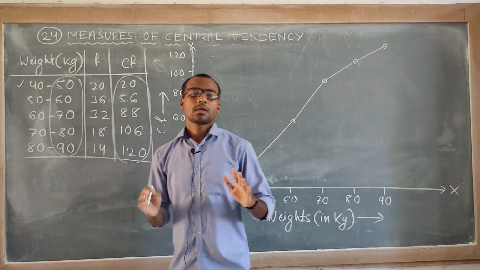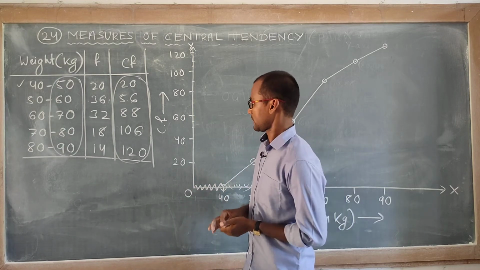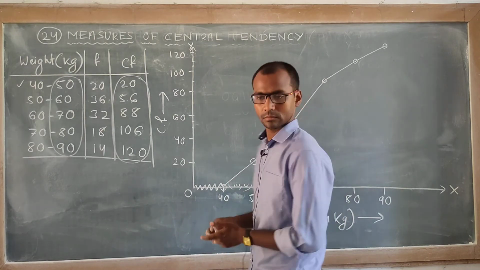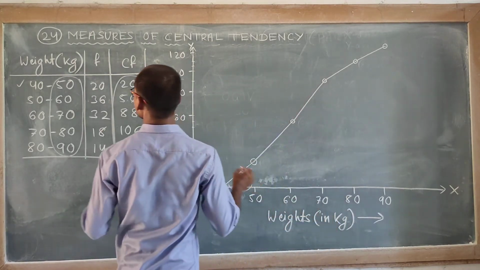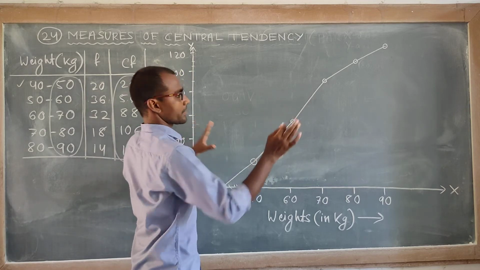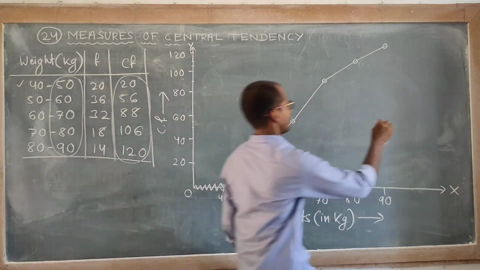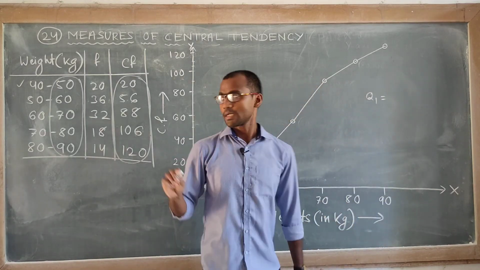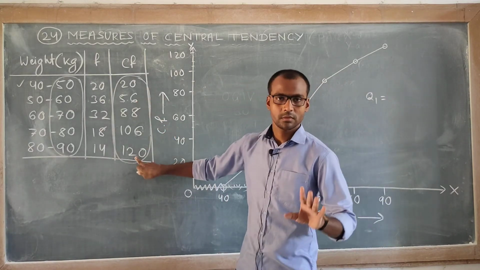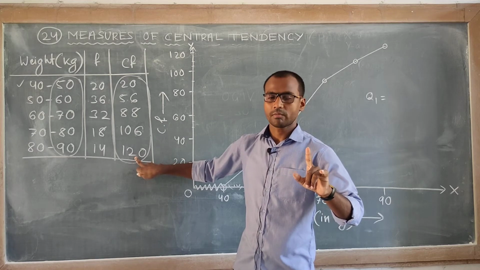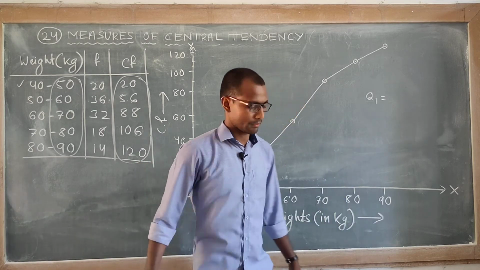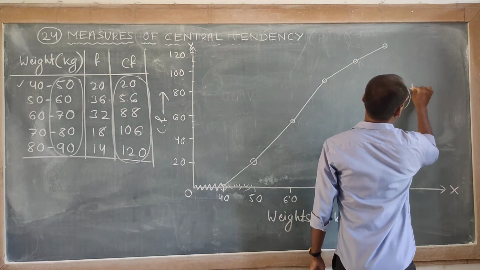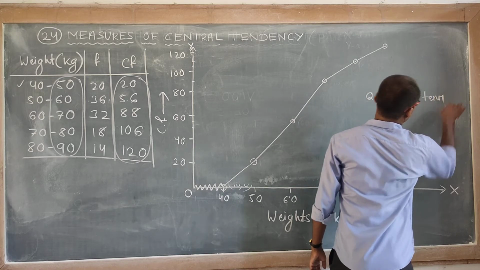Now we will go for lower quartile, median and upper quartile. Suppose I am writing here, I don't have space. Lower quartile is equal to, since n is even, 1 by 4, so n by 4th term.